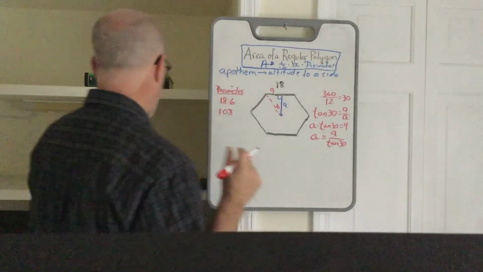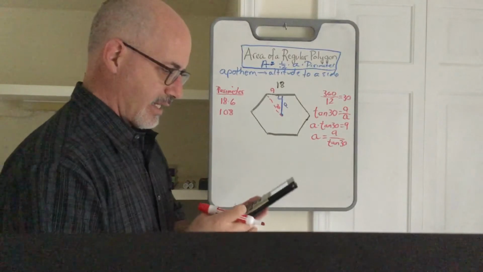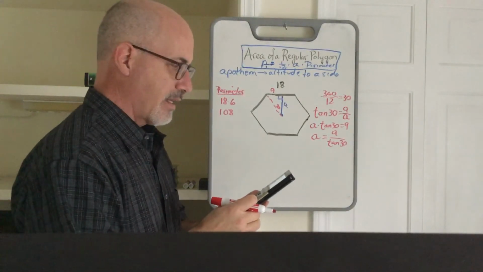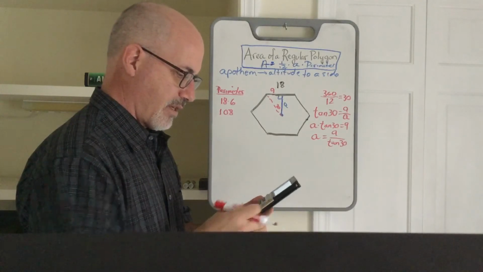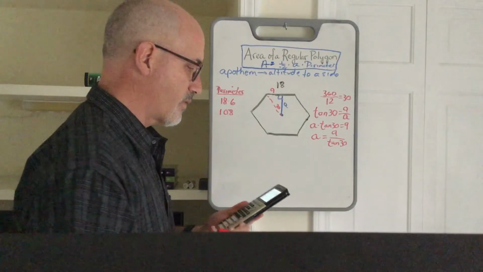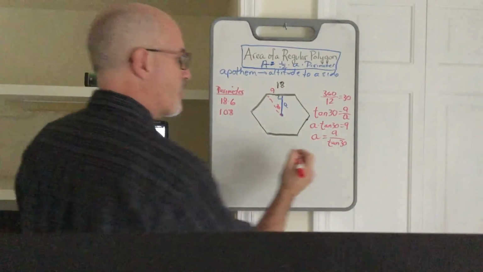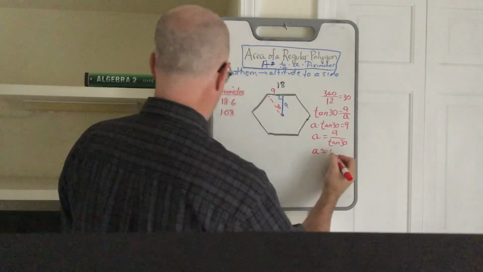Let's do that on our calculator. So what I get is 9 divided by tangent of 30 degrees. Make sure your calculator's in degrees if you're going to do this. I'm going to round this value to about 4 decimal places.